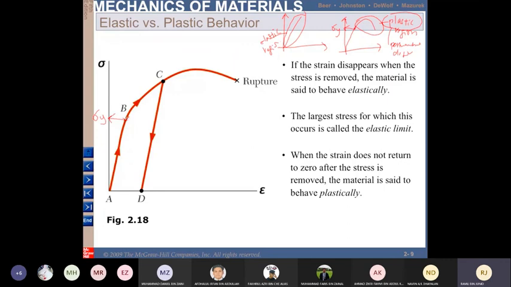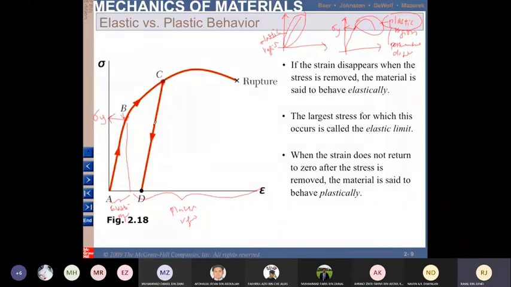So this is the elastic region, and this is the plastic region. When it passes through the yield point, at B, and then reaches point C and you release the load, the specimen will try to return to its original dimension.